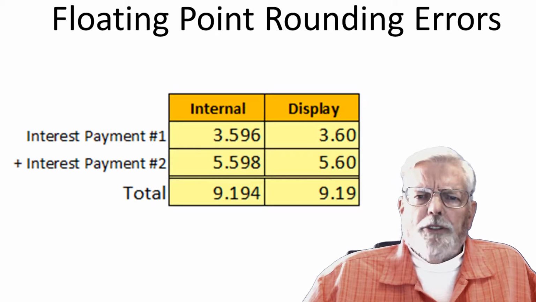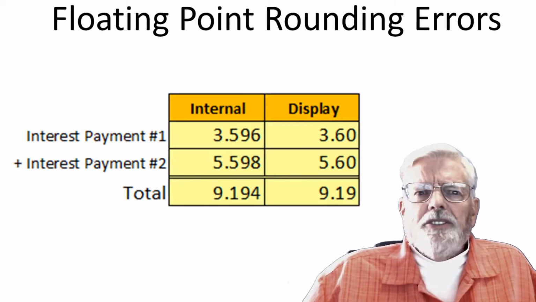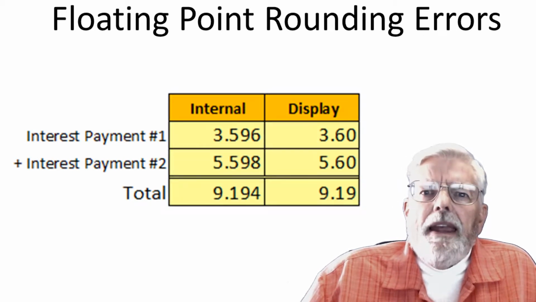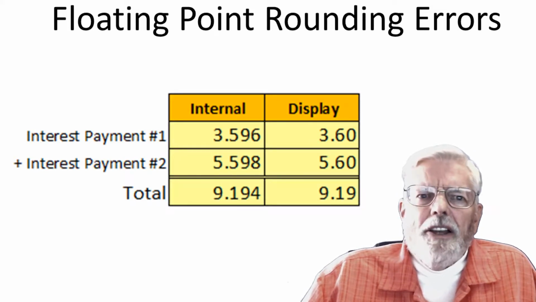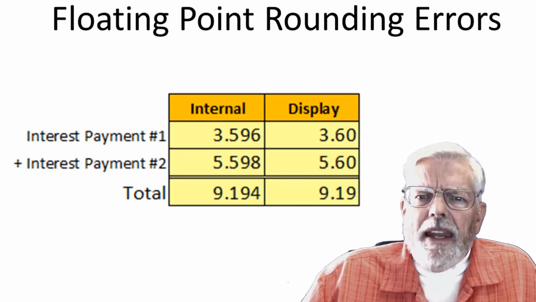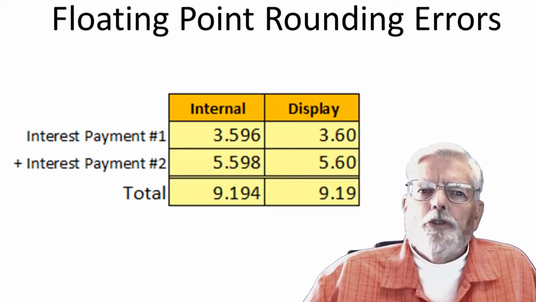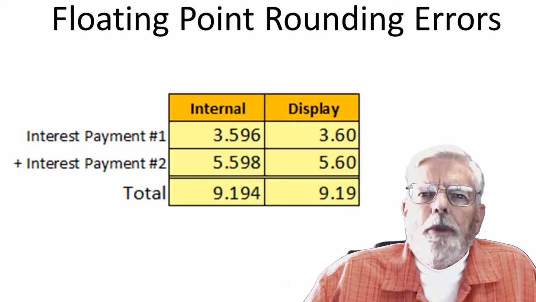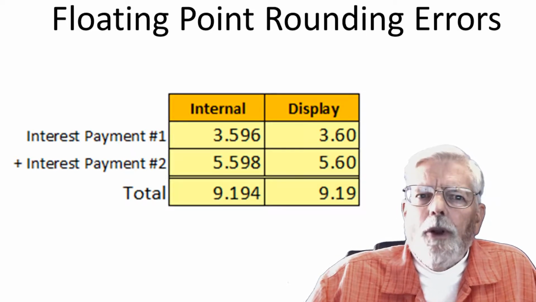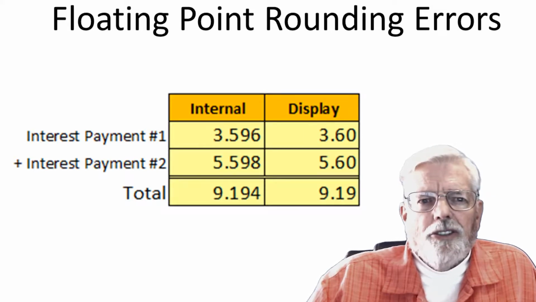But when the numbers are displayed rounded to the nearest penny, the second column would be displayed. It would appear that the bank can't do simple addition and the customer is being cheated out of a penny, even though the internal computations were correct. Suggestion: in Visual Basic or C#, use the decimal data type instead of float or double for currency calculations.